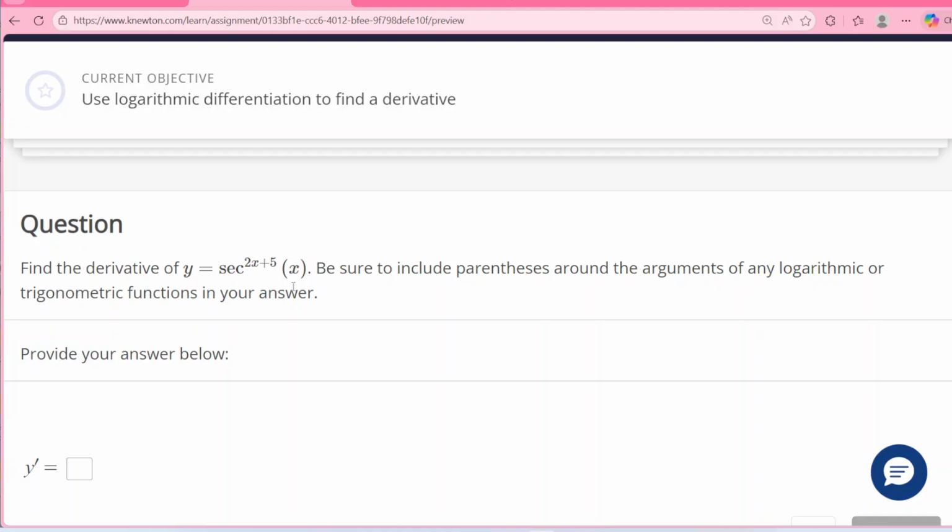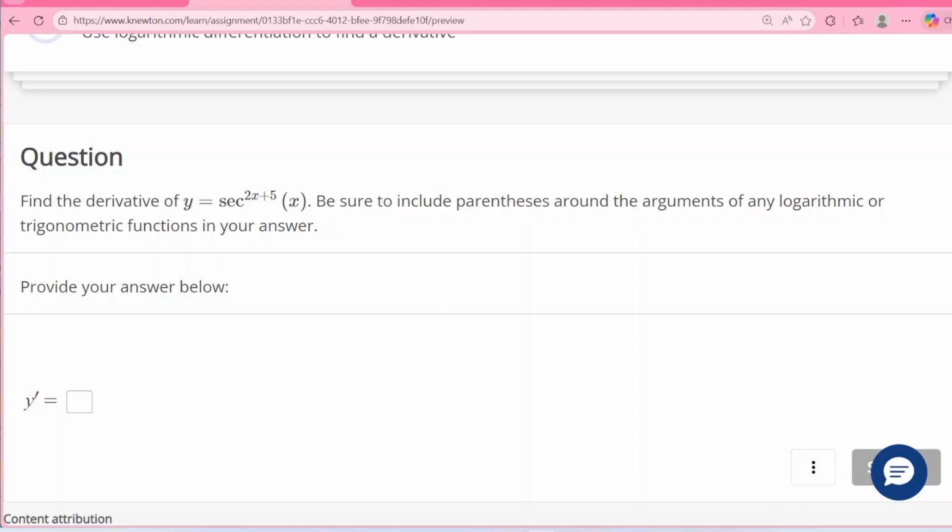See how this has a variable base, secant of x? And remember the powers on trig functions are put after the name. So you have a variable base, the secant of x, but also a variable exponent, this 2x plus 5. We're asked to find y prime, the derivative with respect to x.